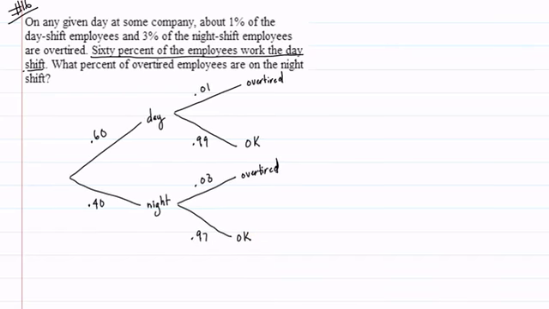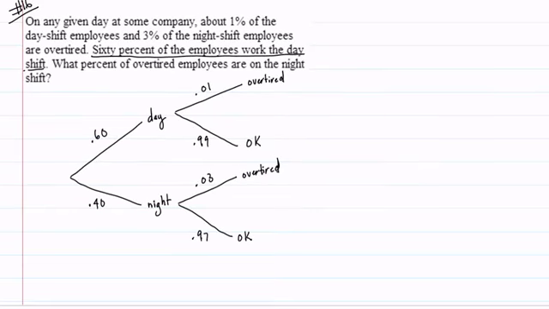Let me go ahead and multiply these paths out. Just like last time. Okay, so 0.01 times 0.6 is 0.006.